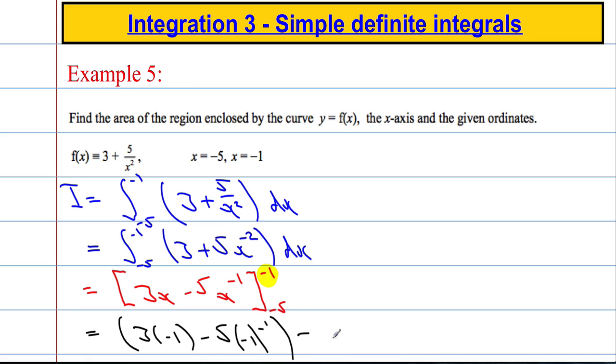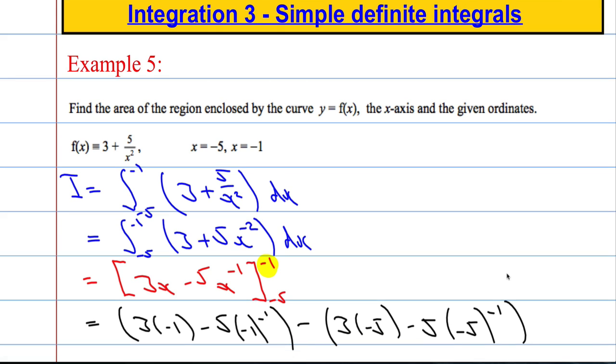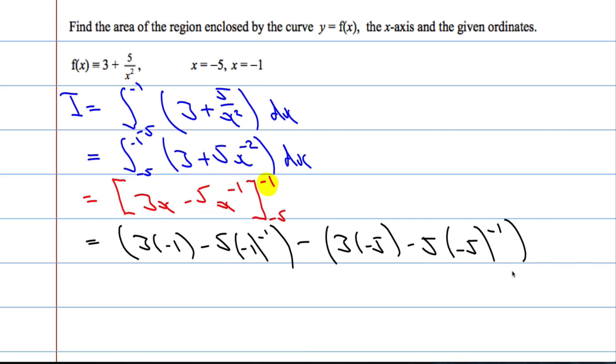And we're going to subtract the lower limit. So 3 times -5 subtract 5 times -5 to the power -1. Now this is a Core 2 topic, so you can use your calculator to do this. Let's see, I'll try and do without.